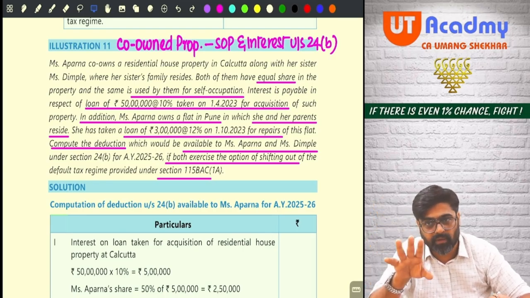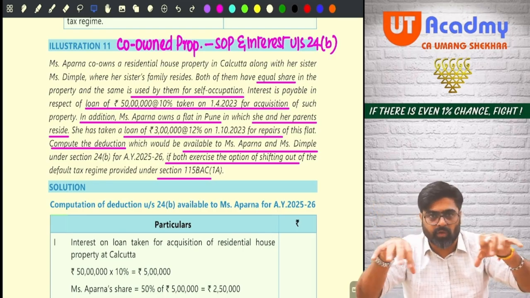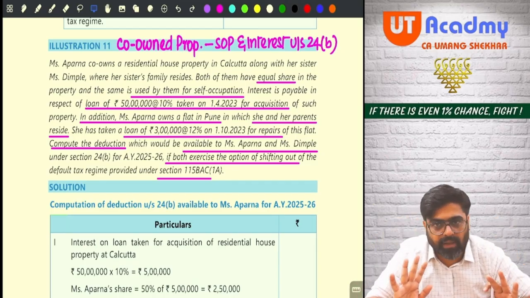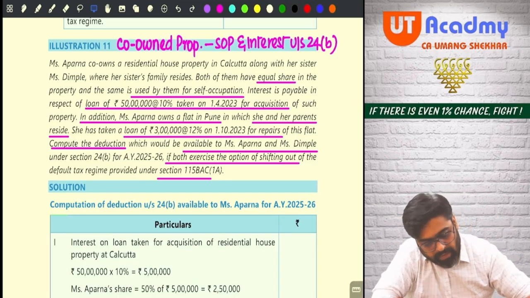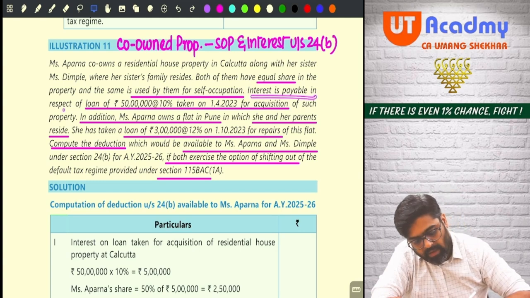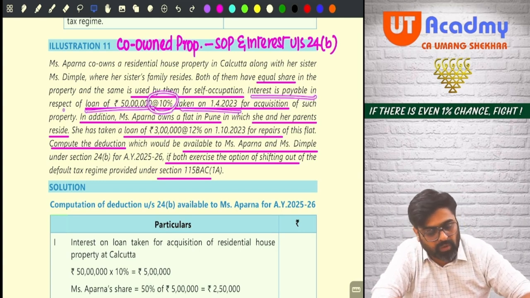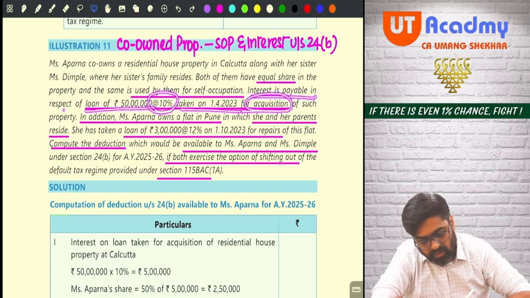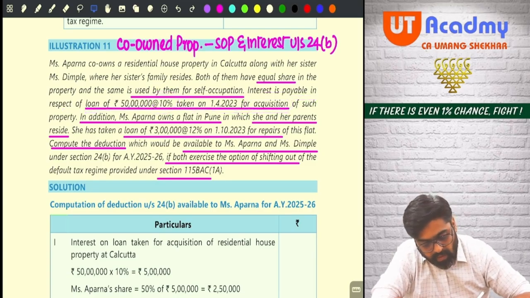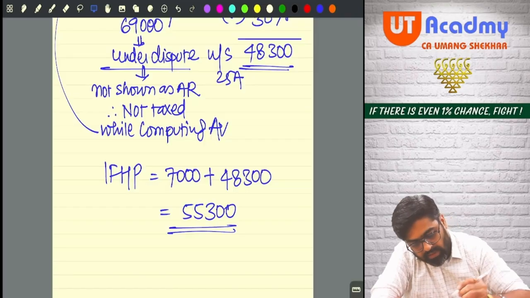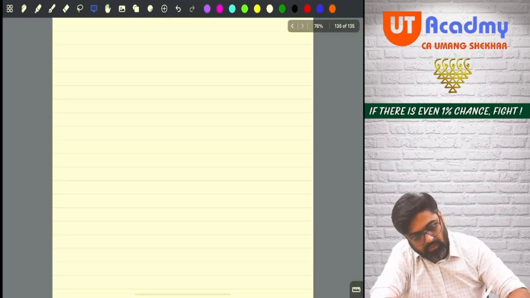Got it? Because both are self-occupying their respective share. Getting my point? Now what is happening? Interest payable in respect of loan of rupees 50 lakhs at 10% taken on 1st April 2023 for acquisition of such Calcutta property. So what was the interest? Come on, let's have this discussion now.